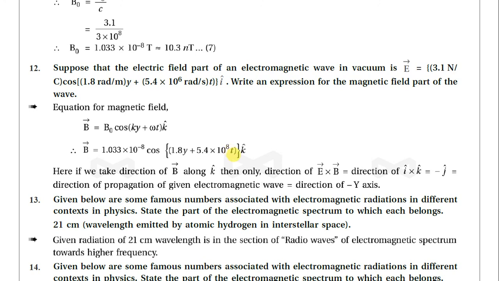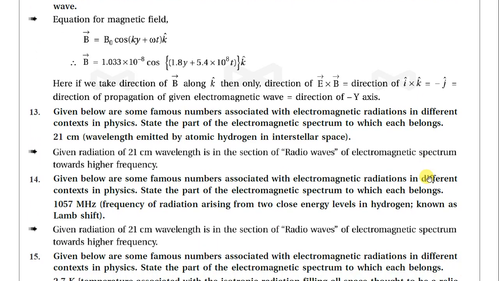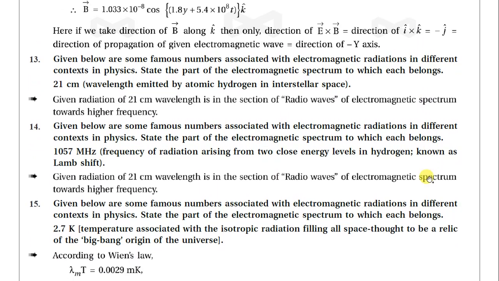If we take the direction of B along k, then the direction of E × B is i × k = −j, which is the direction of propagation of the electromagnetic wave, along the minus y axis. Okay, this is the vector coordinates we study in 11th science.